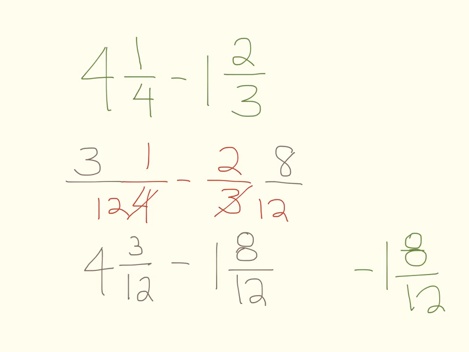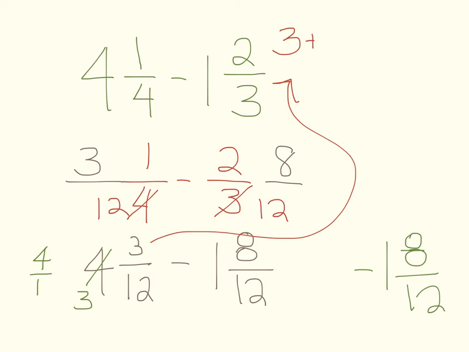So if we have 4 over 1, if we wanted to take away 1 whole from that, and we turned this 4 into a 3, we would actually, and I'm going to write it kind of up here, we would actually be able to write this as 3 plus 12 over 12, which would be 1 whole, plus 3/12.